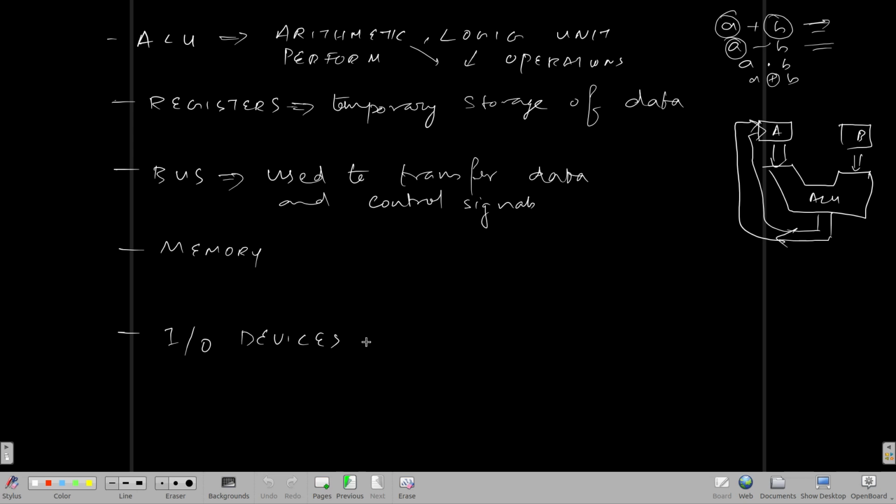And input output devices you already know, for the user to give in data and collect data. Then comes memory. We will see memory in detail.